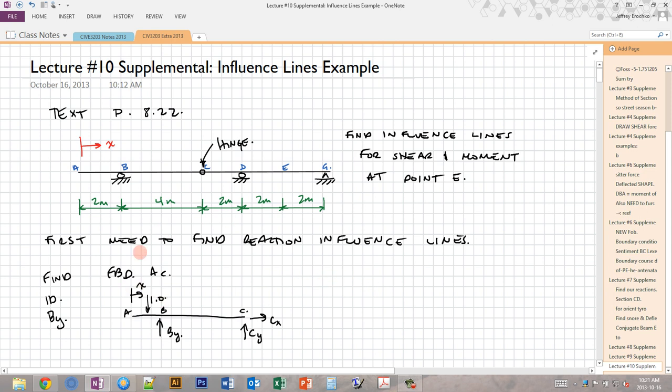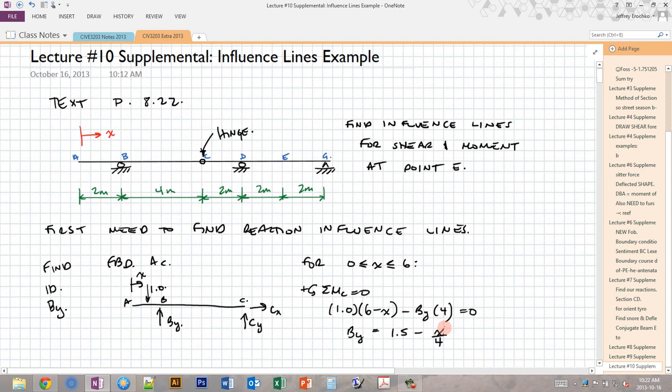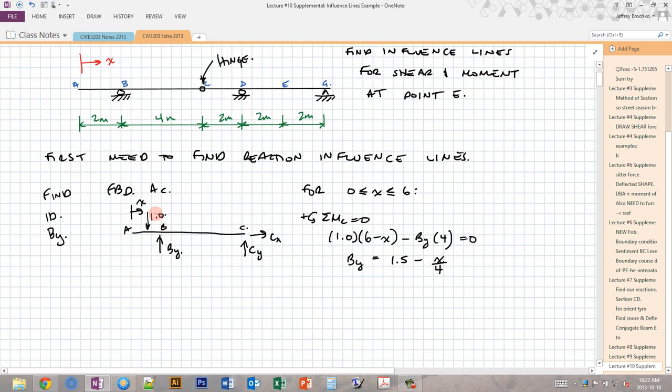So for this part of the beam, which is between X equals 0 and X equals 6 meters, we can use the sum of moments about C to find the reaction at BY. And this is what we get for that reaction. So I've just assumed that the point load is within this beam.